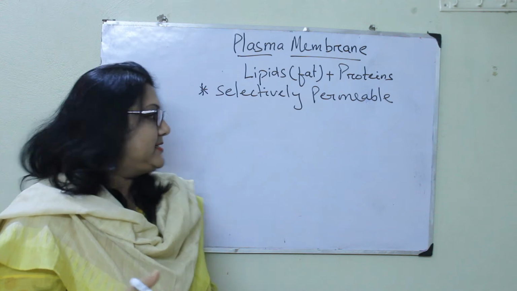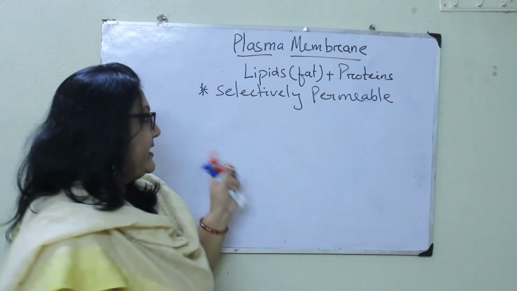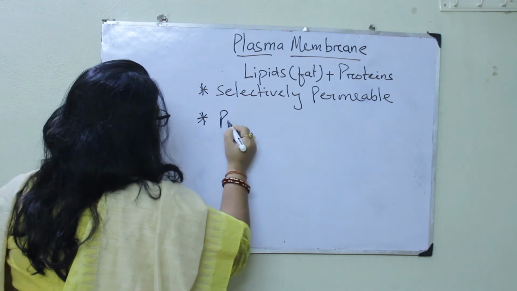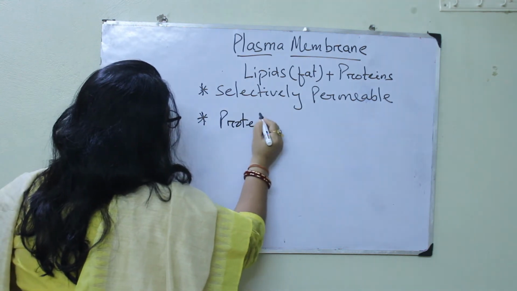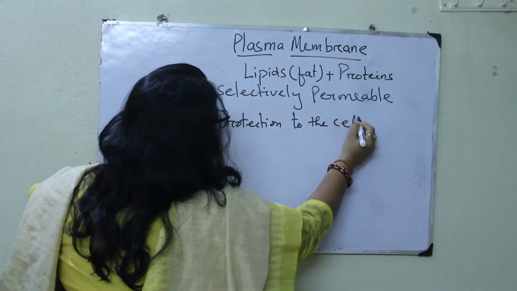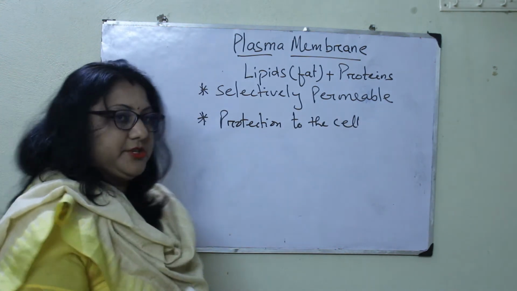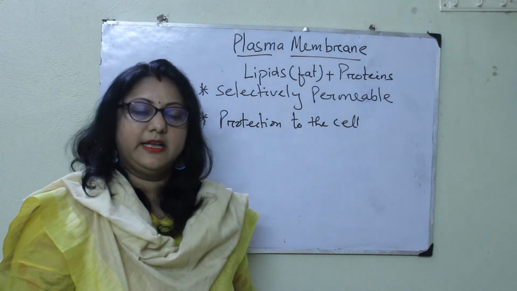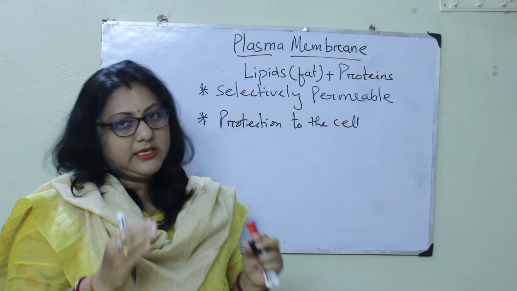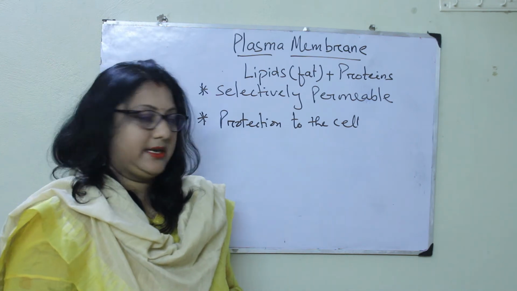So apart from this, among the other properties, it provides protection to the cell as it is an outer covering. So the inside parts of the cell are well protected by the plasma membrane. Clear?